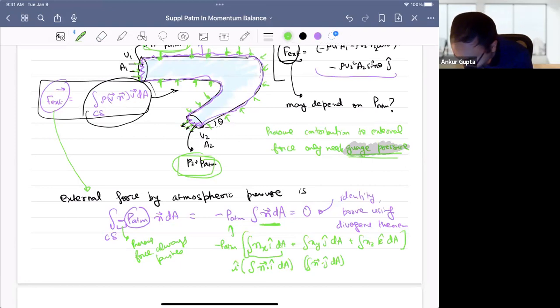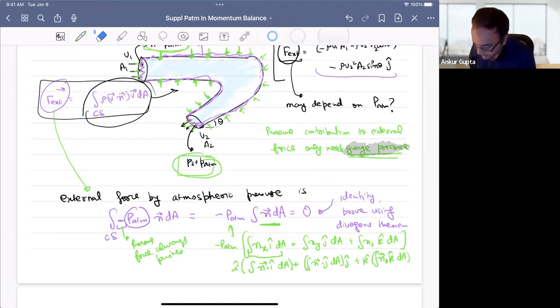And don't worry, even if you're not following this, it's all right. I'm just showing you a derivation: n dot k hat dA. If I have n dot some vector times dA, then I can use the divergence theorem.